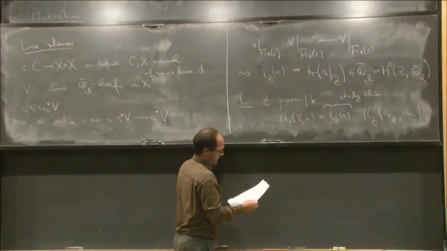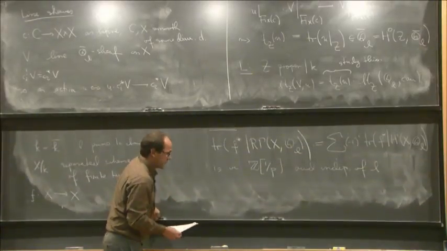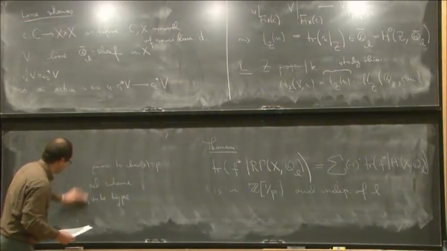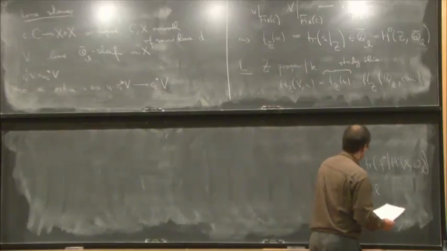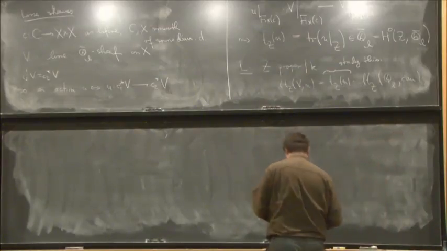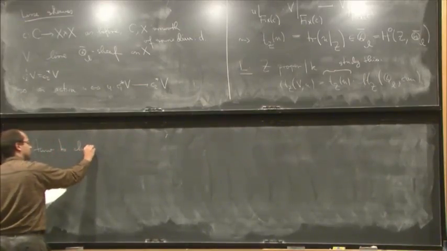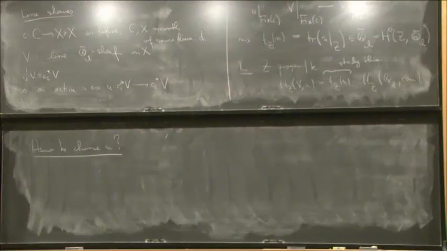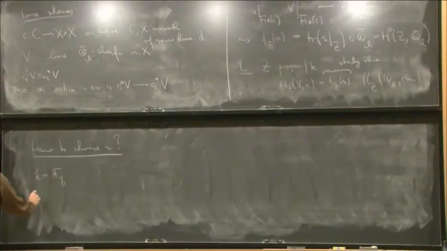All right, so let me talk about the question of how to choose the U. Let me take K to be my finite field, and let me now assume that my V has the best possible properties.